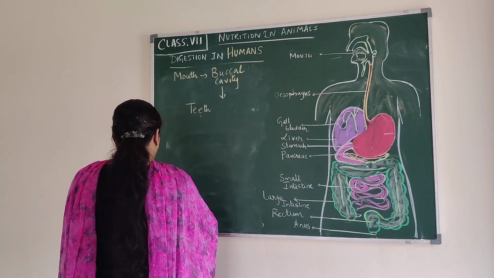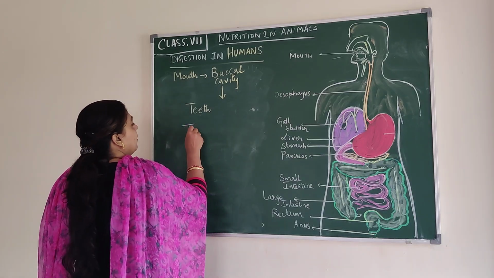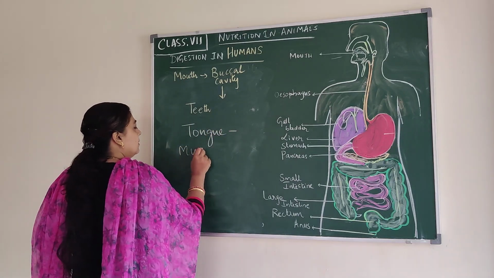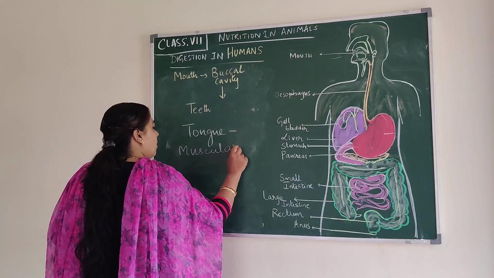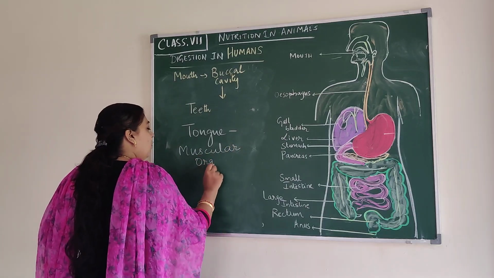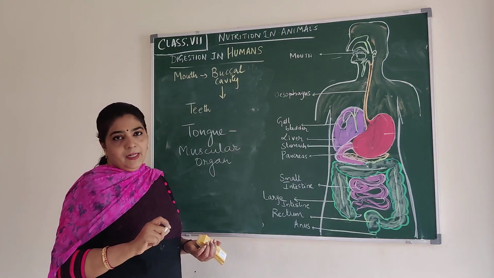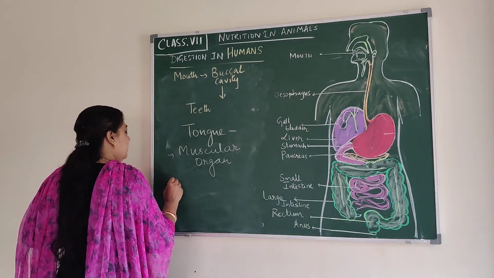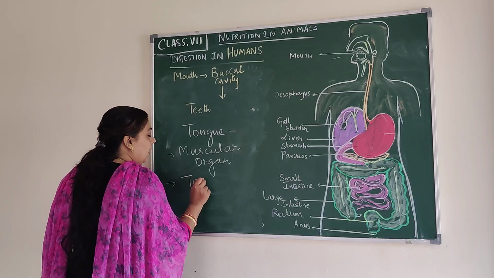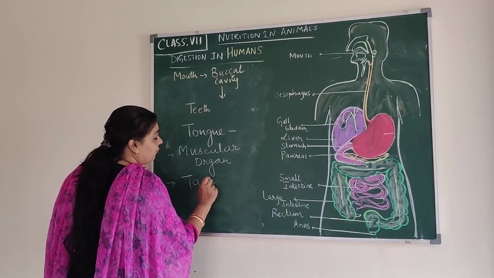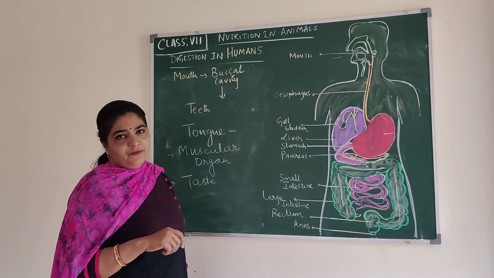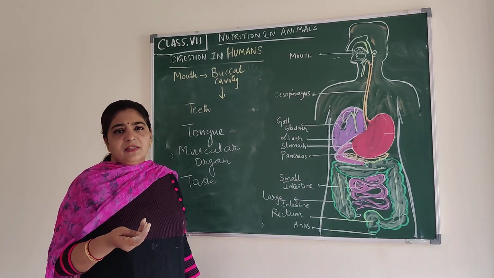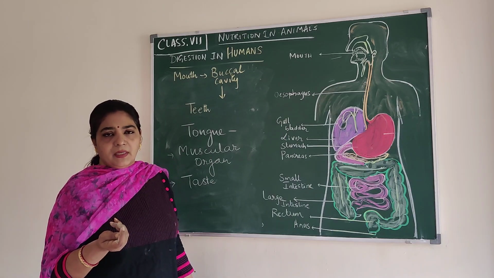What is the function of the tongue? The tongue, we know very well, is a muscular organ. The tongue helps in talking. Other than that, the tongue helps in tasting the food, so we can recognize different tastes, maybe sweetness, sourness, saltiness or bitterness.